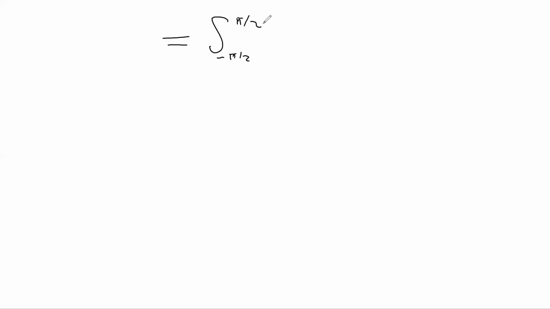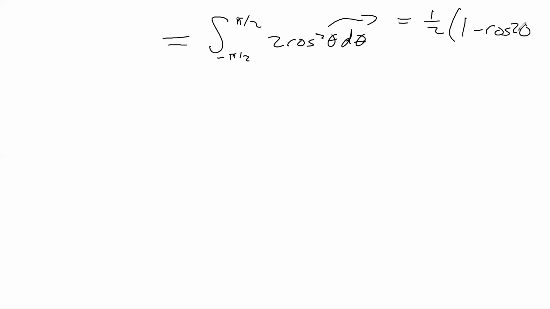let me just write it down again. So we have 2 cosine squared theta d theta, and this rest part is pretty routine because now we can just use the double angle formula. And it's a good thing we have a 1/2 here. And this thing, it'll cancel out. Right, because if you graph cosine 2 theta, it's pretty easy to see that there's going to be negative signs.